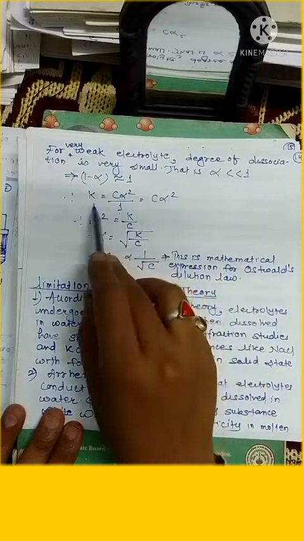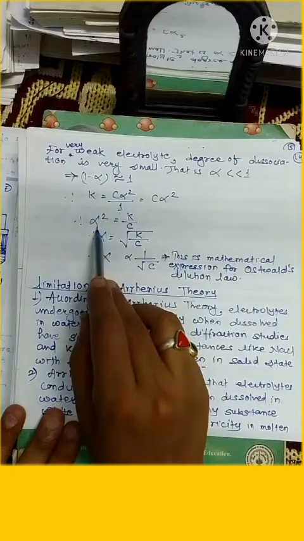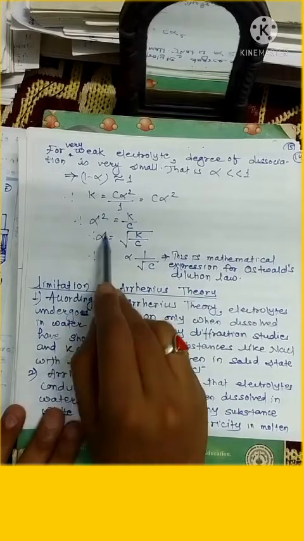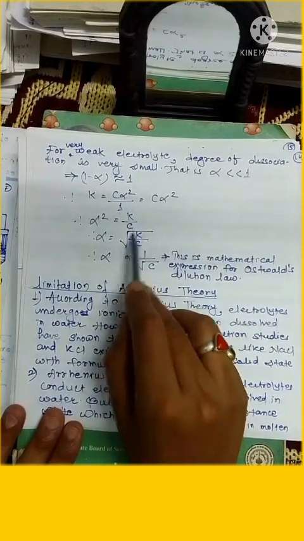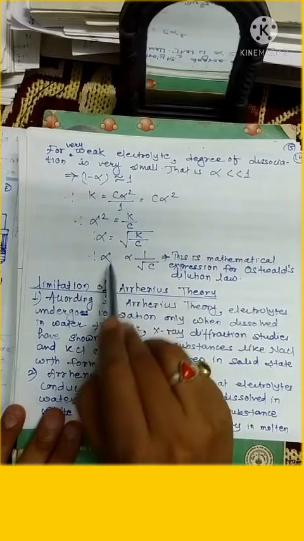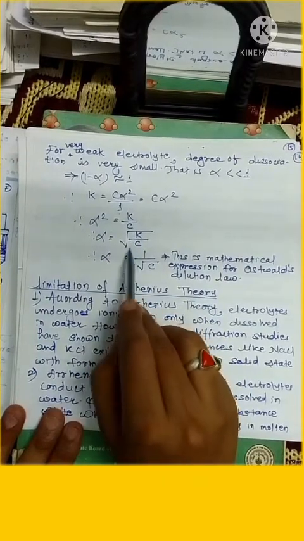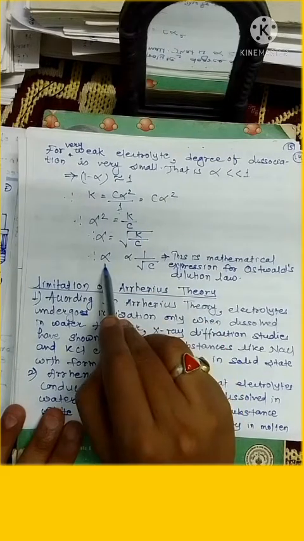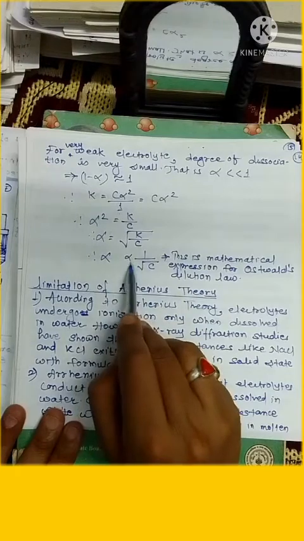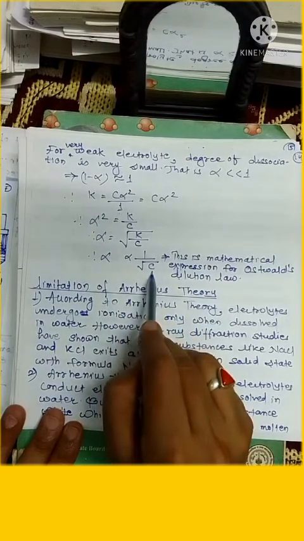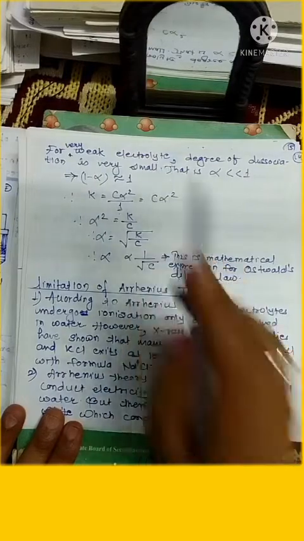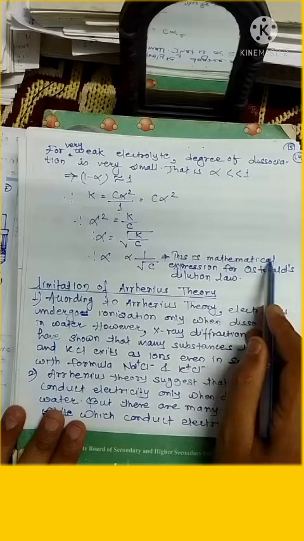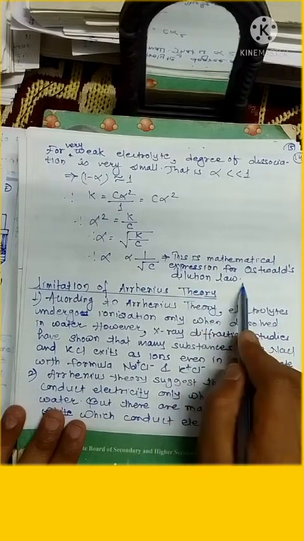Rearranging for alpha square, alpha square is equal to K by C. So alpha is equal to under root of K by C. Here K is the dissociation constant. So we can see that alpha is inversely proportional to the square root of concentration for a weak electrolyte, and this is what Ostwald's dilution law says. So this is the mathematical expression for Ostwald's dilution law.